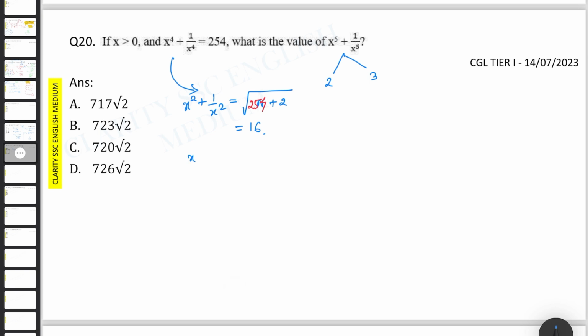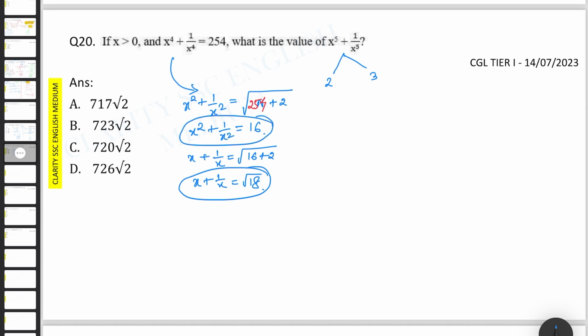And x plus 1 by x is also root over 16 plus 2, it's root over 18. We get the value of x plus 1 by x and x square plus 1 by x square. So we can get the value of x cube plus 1 by x cube.